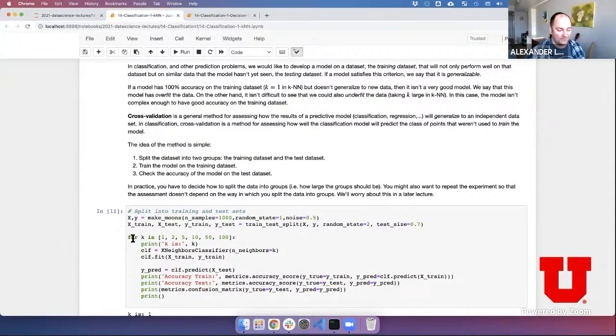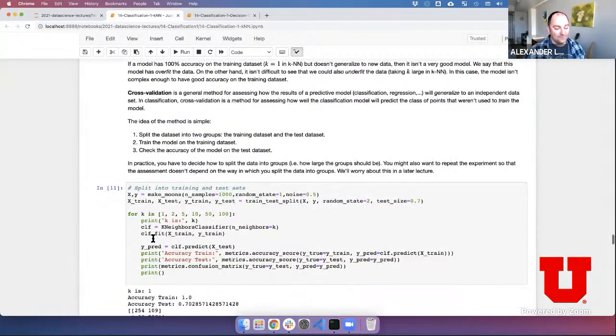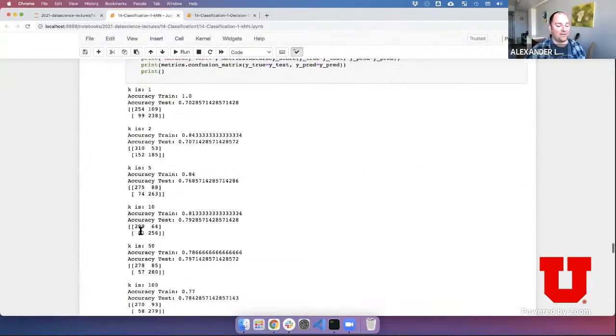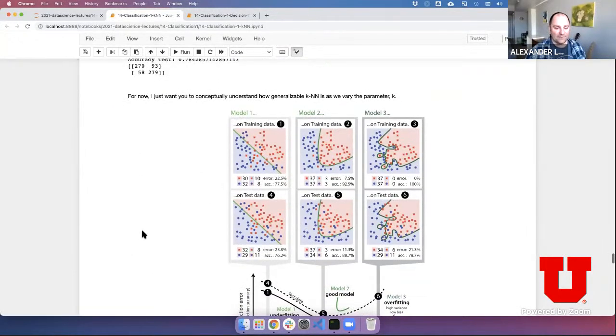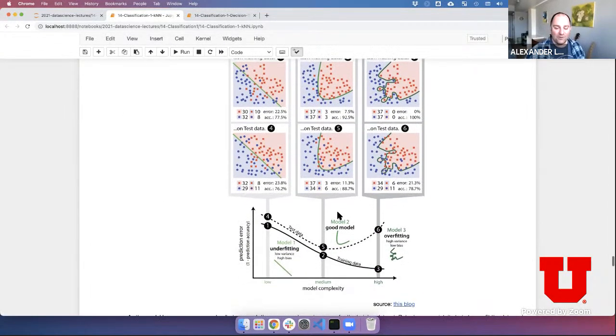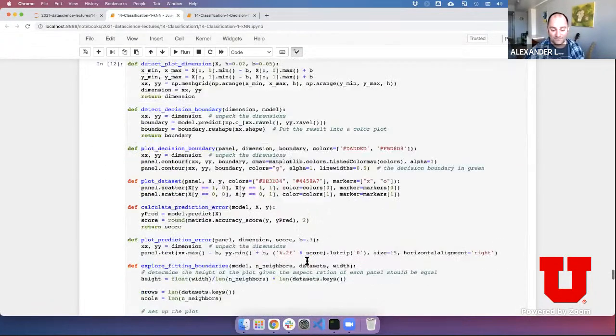So you can try out, like we did here, different Ks, run the classifier, and then pick the K with the best accuracy. And generally, we have a trade-off between model complexity and overfitting: the more complex the model, the more it tends to overfit. So we have to find a good model that is of medium complexity and has low prediction error. That's usually the goal in many machine learning applications.